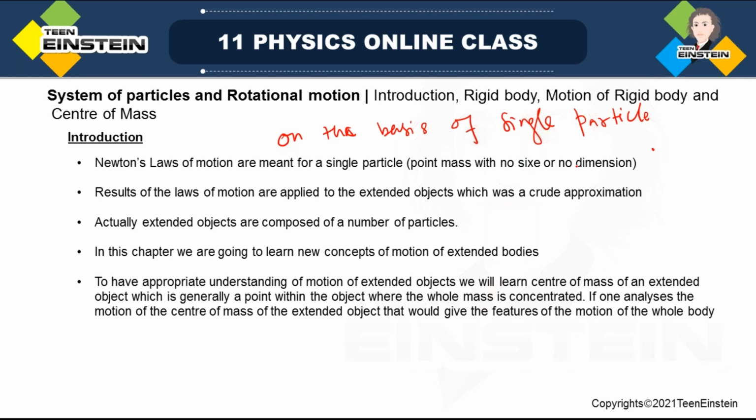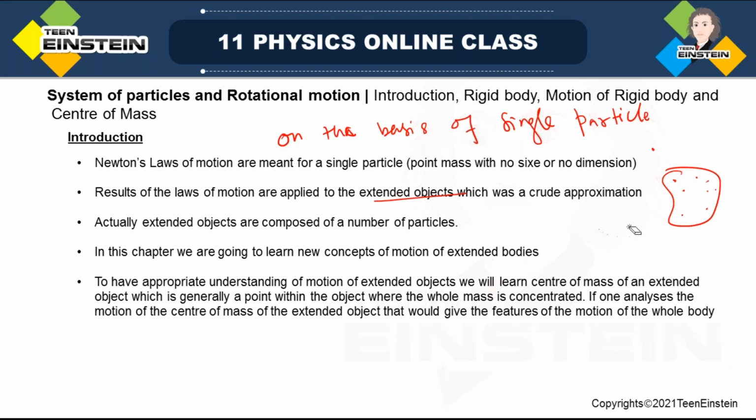But what we have done is apply the same laws of motion to extended objects. Extended object means one which has multiple particles, like a body like this, a bus. I hope you remember we have talked about the motion of buses and many other objects which are actually extended objects.